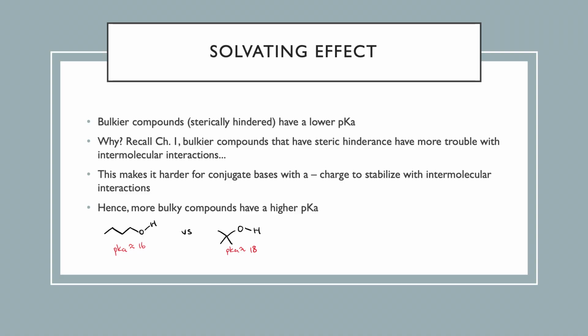In acids, it also has the same effect. When you have that conjugate base, the negative charge can somewhat be stabilized with the intermolecular forces. However, with the sterically hindered atoms, it is a lot harder and it is less stable, which makes its pKa get higher with the more unstable base.